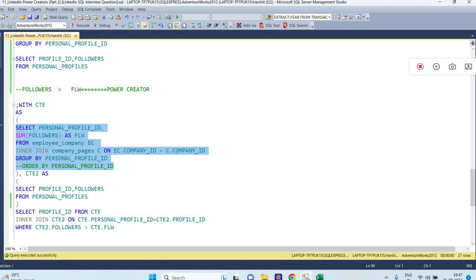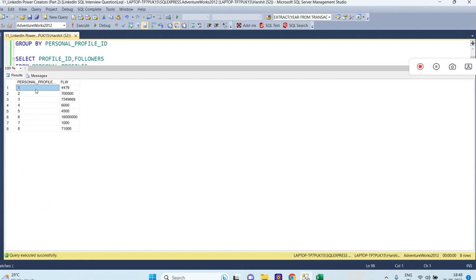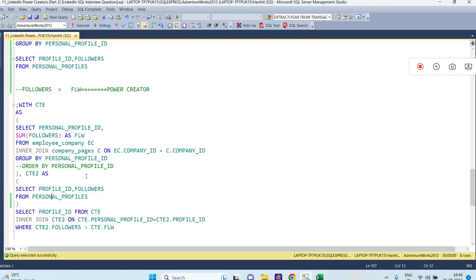This first CTE indicates any individual person and the companies they are working for. If you see over here, this personal profile ID 1 is working for a number of companies, right? So if it is working for any one company, then this is the company's follower. Now this one is the company's follower working for personal profile ID 6. So now we need to compare, right?